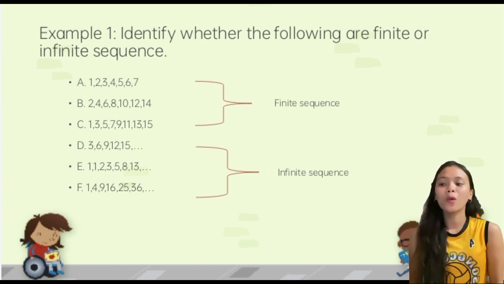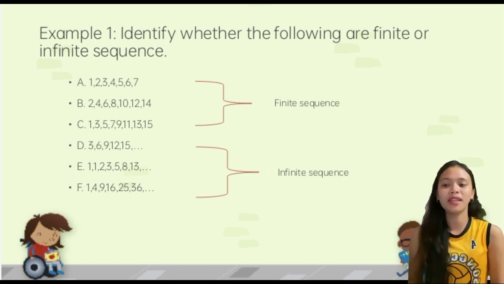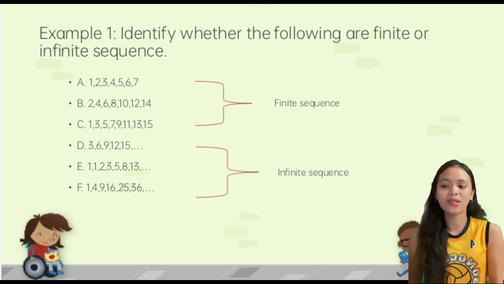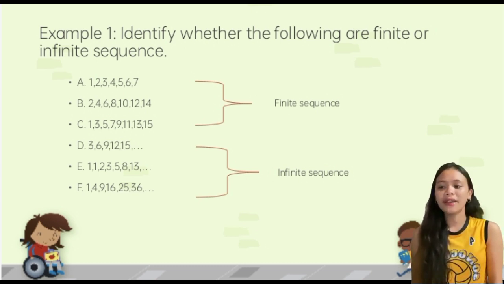A: 1, 2, 3, 4, 5, 6, 7. B: 2, 4, 6, 8, 10, 12, 14. C: 1, 3, 5, 7, 9, 11, 13, 15. D: 3, 6, 9, 12, 15.